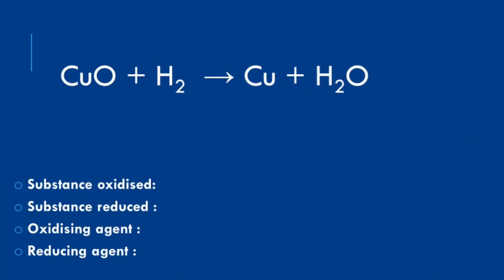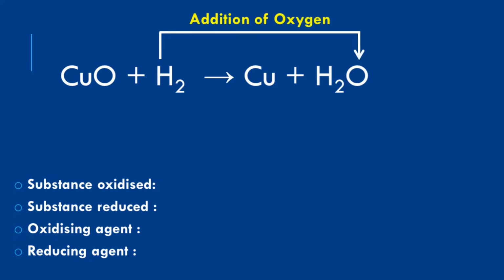Next reaction, CuO plus H2 gives Cu plus H2O. Now identify the reactant to which oxygen has been added. You can find that H2 has converted to H2O. That means oxygen has been added to hydrogen, so it will be oxidation reaction. Hence, H2 is oxidized to H2O.